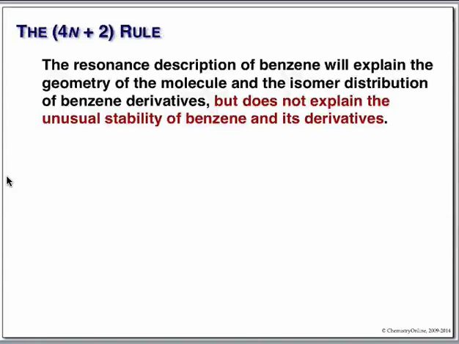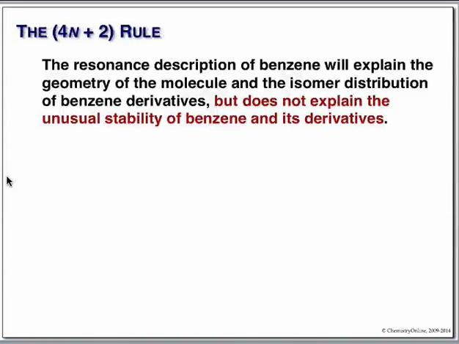Next, we moved on to benzene and benzene-like compounds. We talked about aromaticity. We just did 4 plus 2 cycloadditions. Well, this is the 4n plus 2 rule for aromaticity.